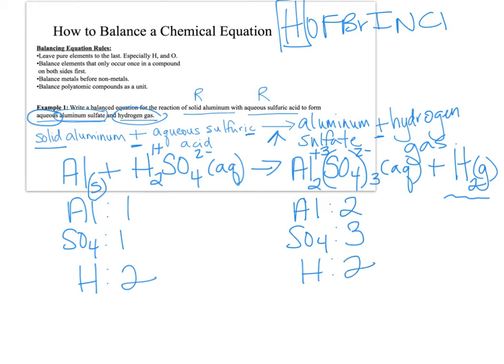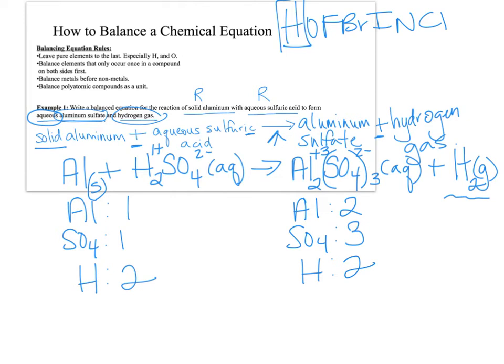So you can see that my hydrogens are already balanced out. It's my aluminums and my sulfates that I have to look at. Now, as I balance each of these, and I wanted to do aluminum first, then sulfate, then hydrogen, it might affect the ones as they go down. But then as I complete the balancing, hopefully it will all work out.